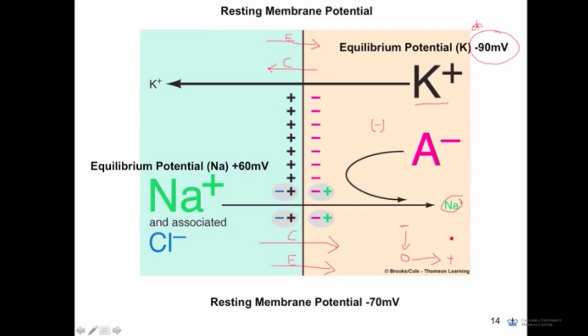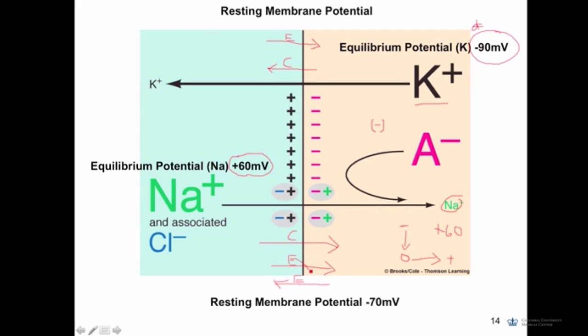And it's not until the inside of the cell reaches positive 60 because of all of the sodium movement that the direction of the electrical gradient is not only switched, but it's also now equaling the concentration gradient.